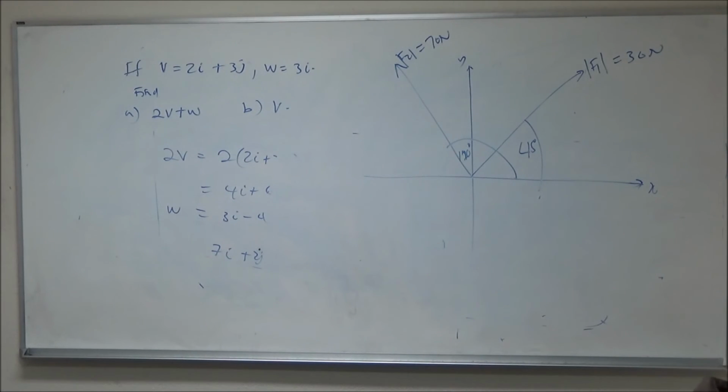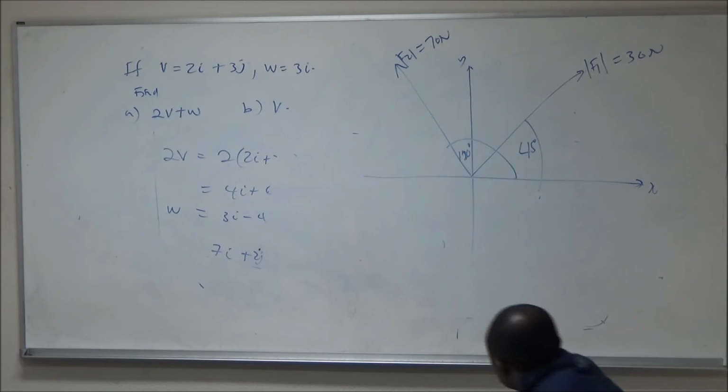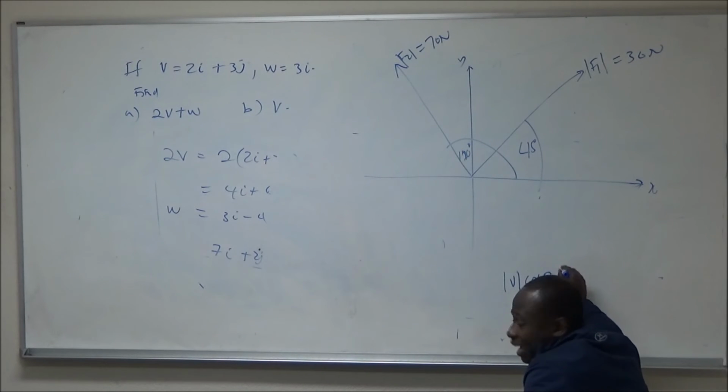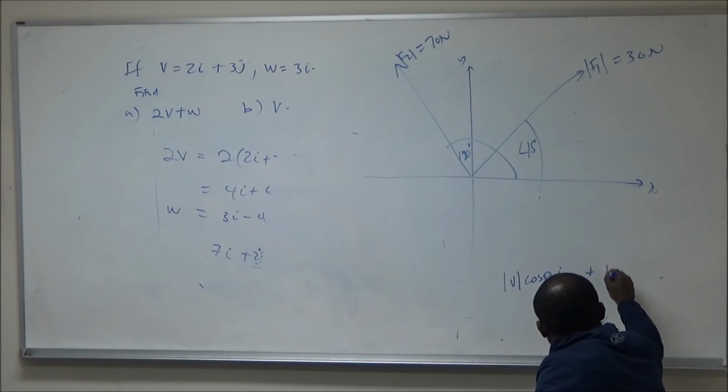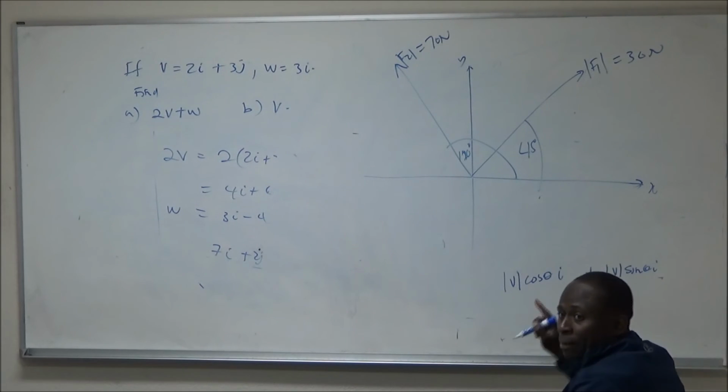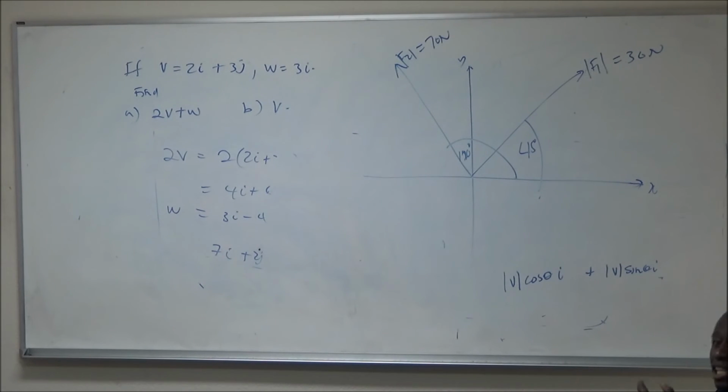If you use trig, your life will be easier to do this problem. Why do I say that? Remember the last thing I wrote was you can have the magnitude V cosine of theta i plus magnitude V sine of theta j. Every force has an x component and a y component. In physics we call it resolution of vectors.